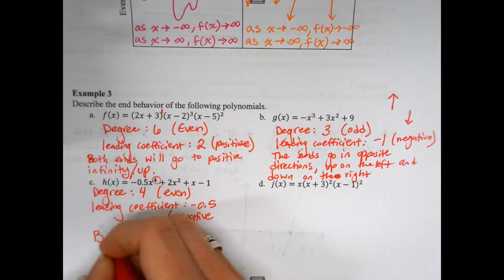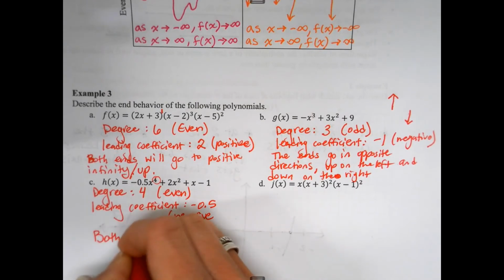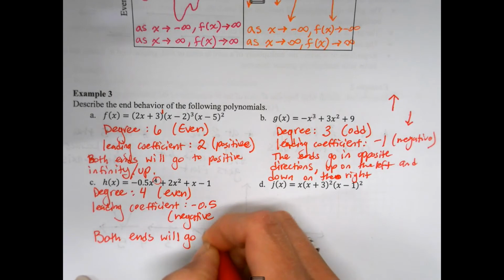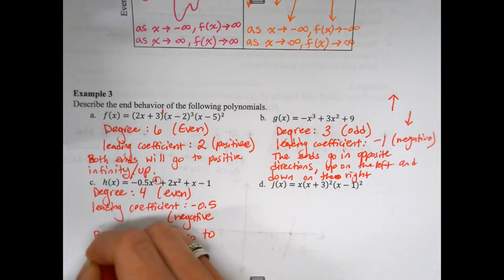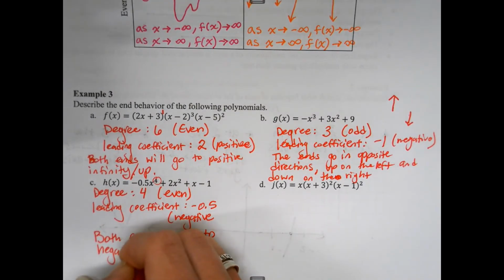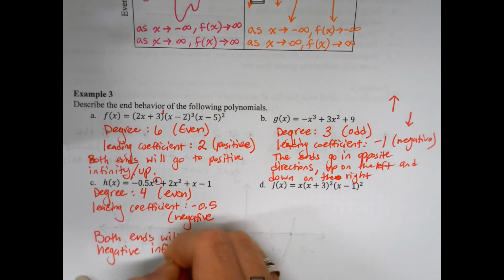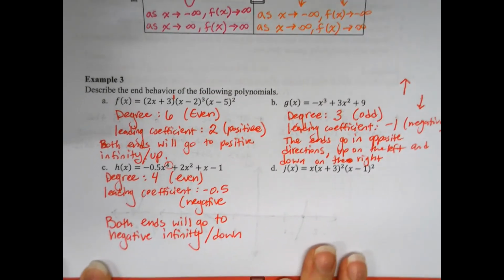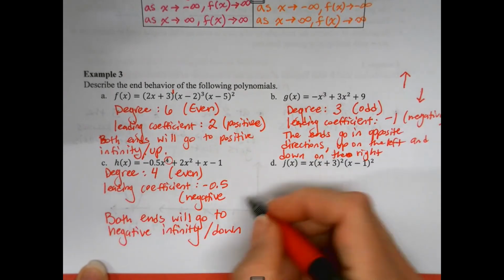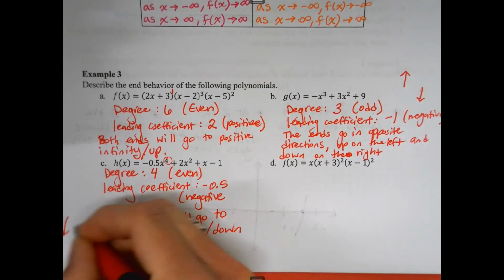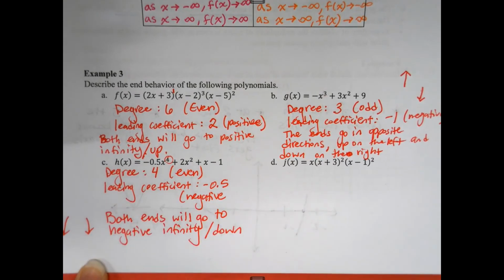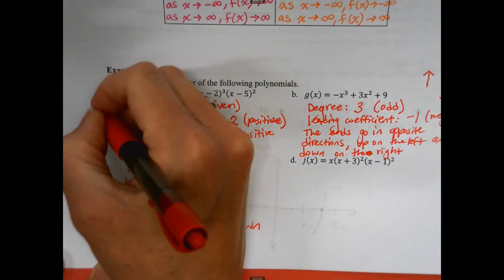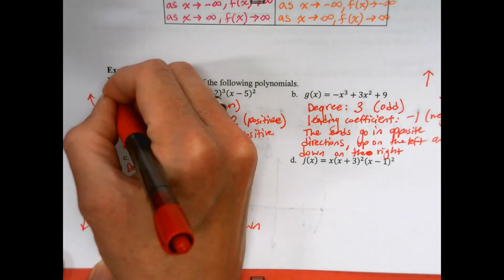Since it is negative and even, both ends will go down to negative infinity. Or we know that both ends will be going down, but we don't know what's going to happen in between there. Here, both ends were going up.